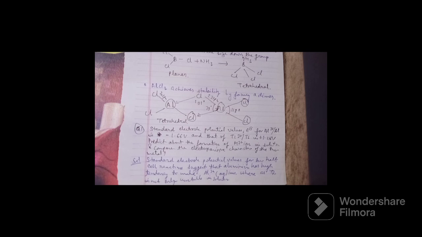So aluminum being able to form plus 3 ions easily is more electropositive than thallium. So that is the conclusion here.